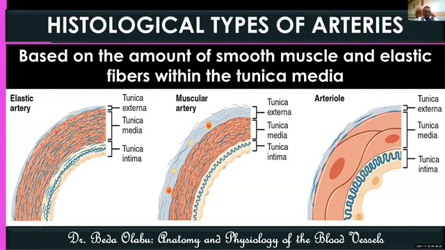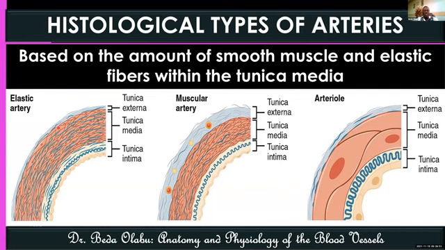In this image, perhaps the ones in, I don't know how to call that color. I would have called it blue, but I have a feeling I might be wrong. Anyway, the ones that look like that, those are elastic fibers. An elastic artery has several elastic fibers.